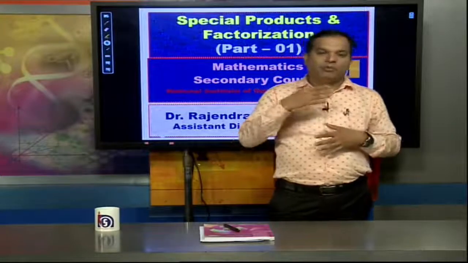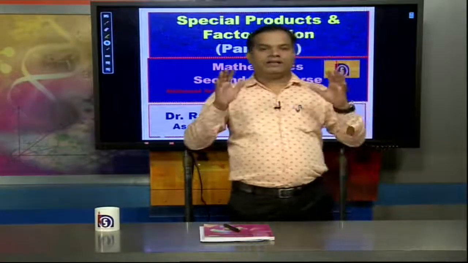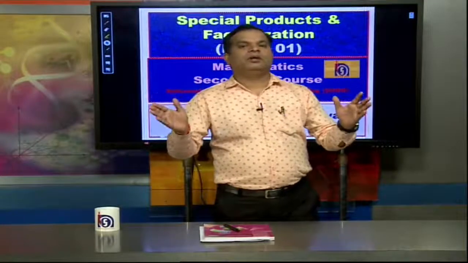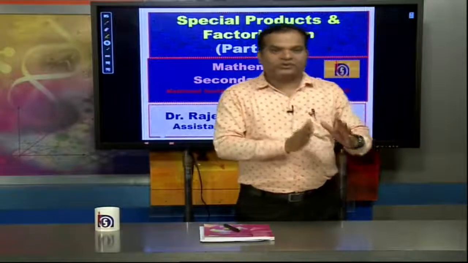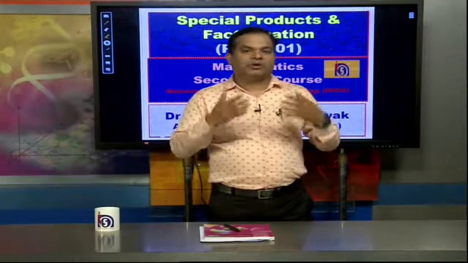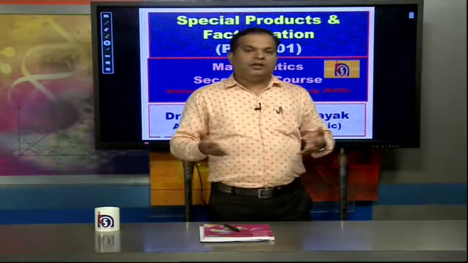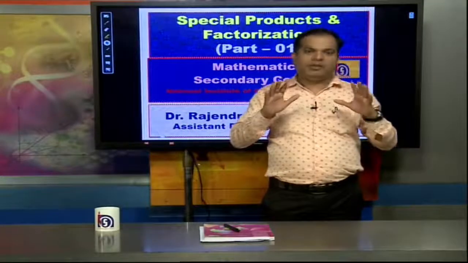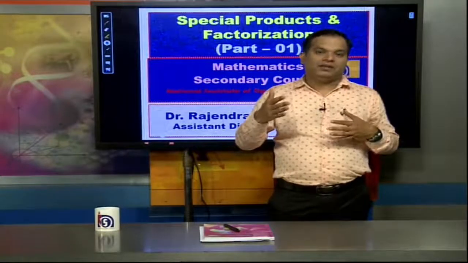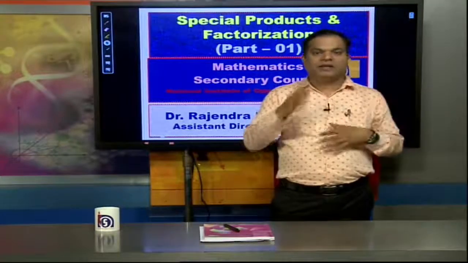When talking about multiplication, we also call it the product of something. We can say the product of two numbers, the product of two polynomials, or the product of two monomials. Now we will discuss a very important aspect of algebra, that is special products and factorization.